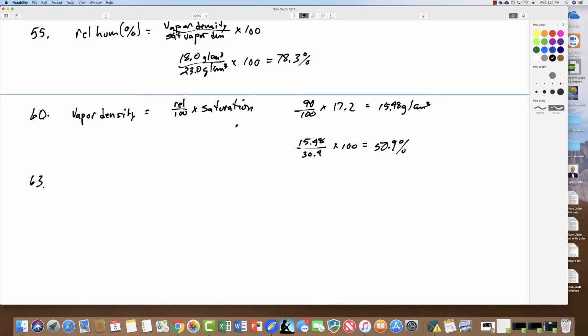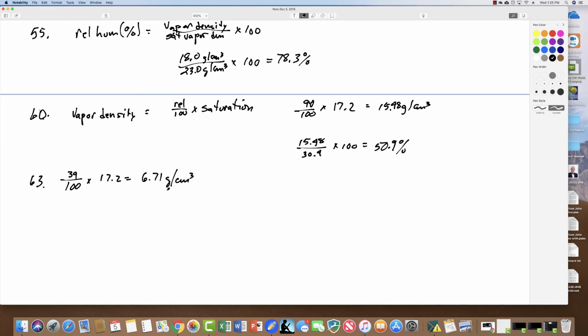Again, using this equation, we take the relative humidity, which is 39, divided by 100 times the saturation, in this case again 17.2, and we get a density now of 6.71 grams per cubic meter.